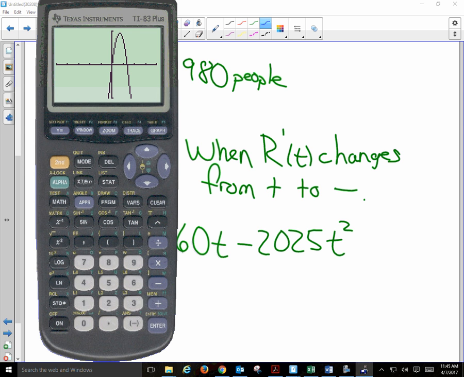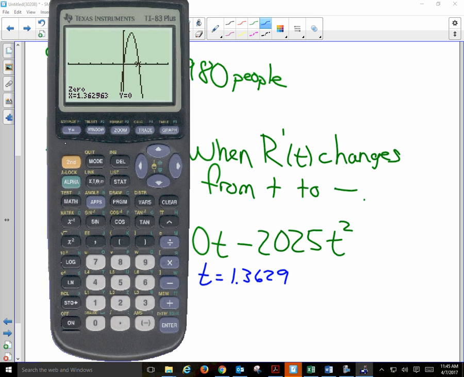We're going to go second calculate, zero, number 2, and enter. T equals 1.3629. That's a time when the rate is at a maximum.